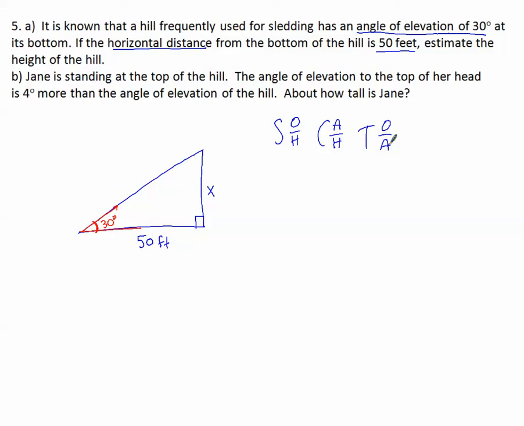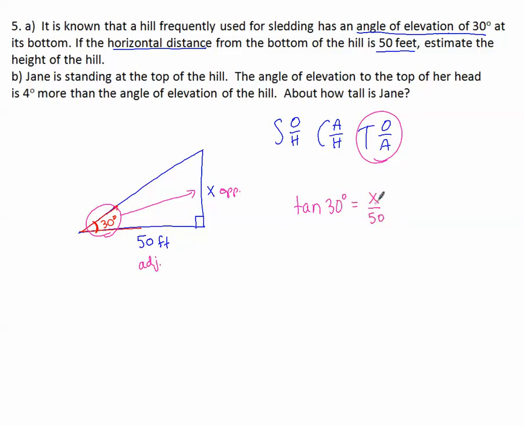All right, let's label from the angle that we have: opposite and adjacent. Hypotenuse, there's nothing, so we won't worry about that. Opposite and adjacent is tangent. So we'll write tangent of 30 degrees equals opposite over adjacent.